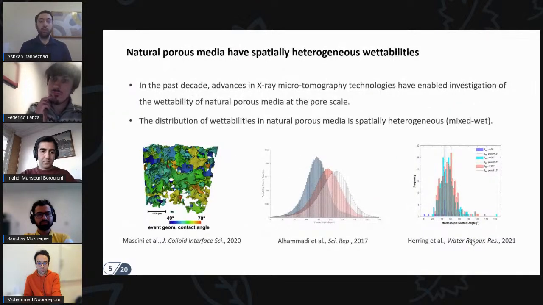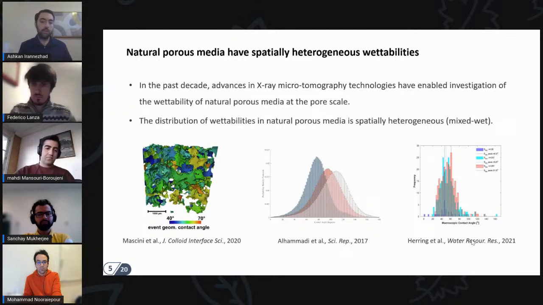So the question is, what is the wettability of real natural porous media? What is the wettability of oil-bearing rocks or aquifer rocks? The answer to this question has become easier in recent years, thanks to advances in X-ray microtomography imaging techniques.